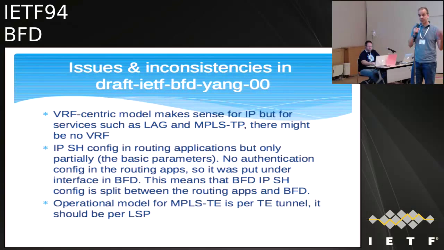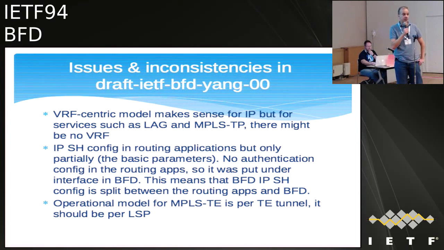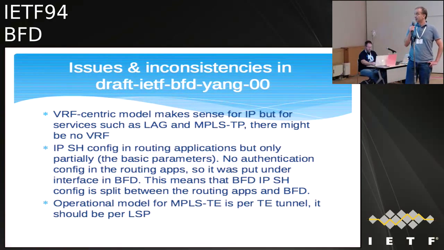So the config is split between two different places. And the last point here is, what we have for the operational model for MPLS-TE is per tunnel, and it should really be per LSP. When you have multiple LSPs in a tunnel, you could have different states. So we've had some discussions with the MPLS group, and we're supposed to have some more this week. Next slide.